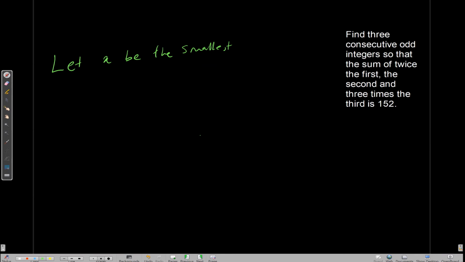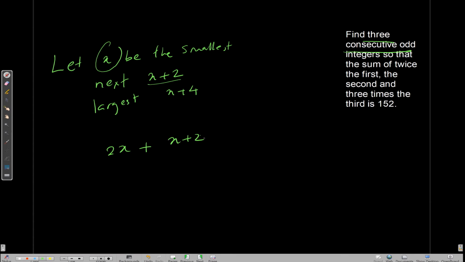So find three consecutive odd integers so that the sum of twice the first, okay, three consecutive odd. So the next is x plus 2, largest x plus 4. Up to that it's correct. Now what I did for setting up the equation was wrong. So the sum of twice the first, so this is the first, so 2x plus the second, this is x plus 2, and 3 times the third, so 3 times the third.